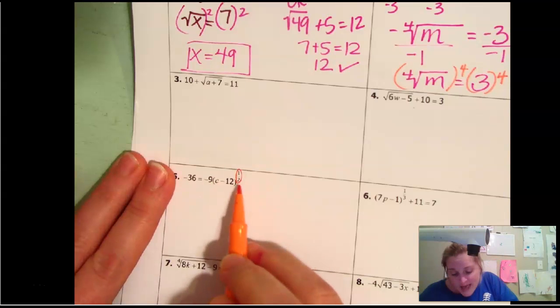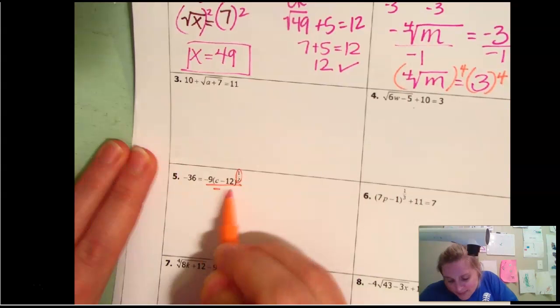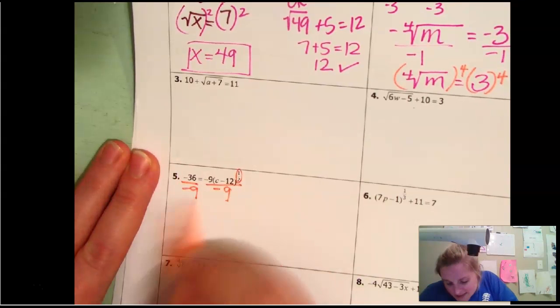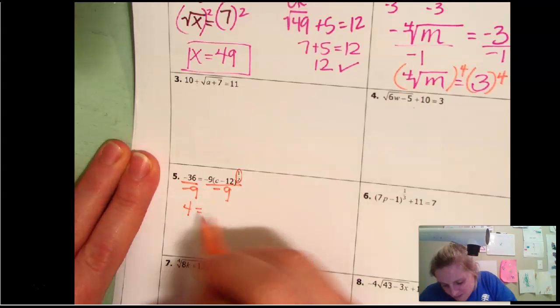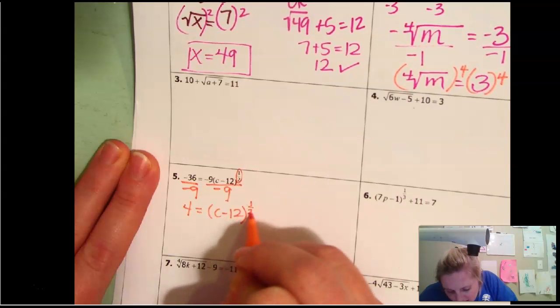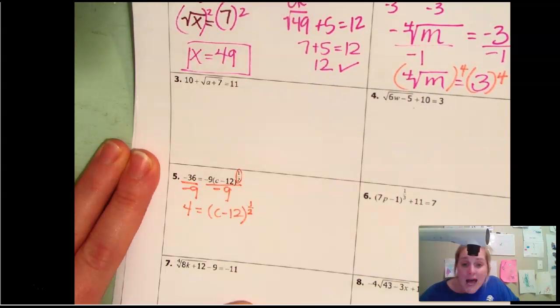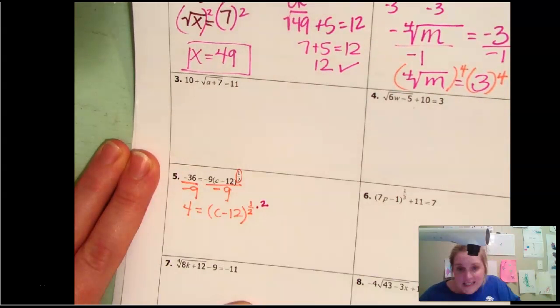This only applies to what's inside the parentheses. So I'm going to divide both sides by negative 9. Dividing by negative 9 is going to give me 4 on this side. Now, all I'm going to do is raise this to the second power.